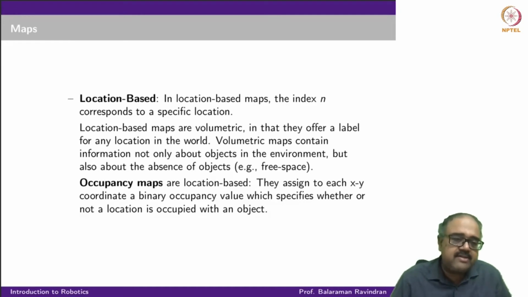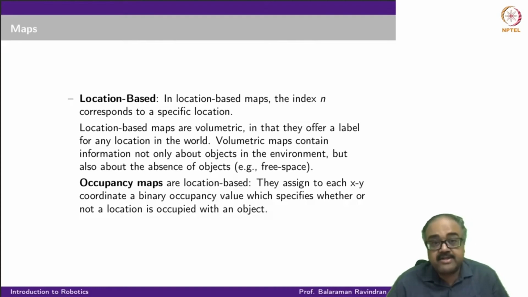When I want to do localization and figure out where I am in the map with respect to landmarks, feature-based maps are easy. And when I want to do planning and some kind of prediction in terms of where I will end up, location-based maps are more useful. Quite often in many practical scenarios, we would like to go back and forth between the two.